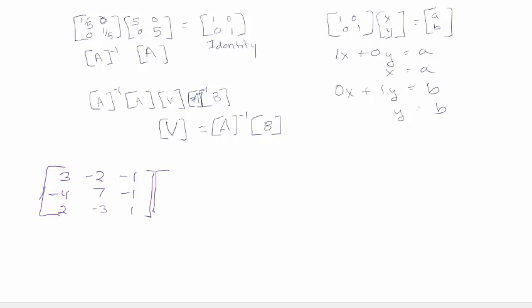This was the equation V1 V2 V3 equals 12 0 0.